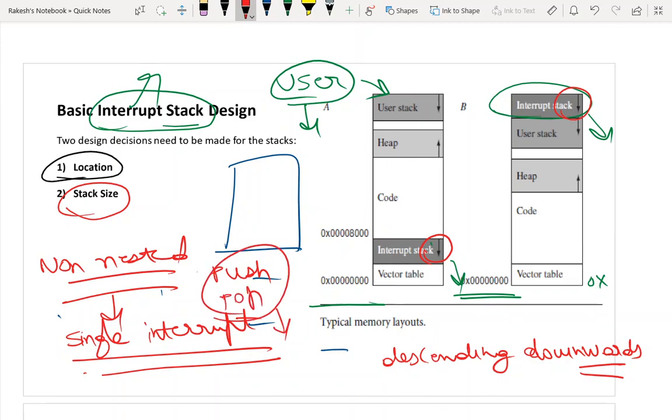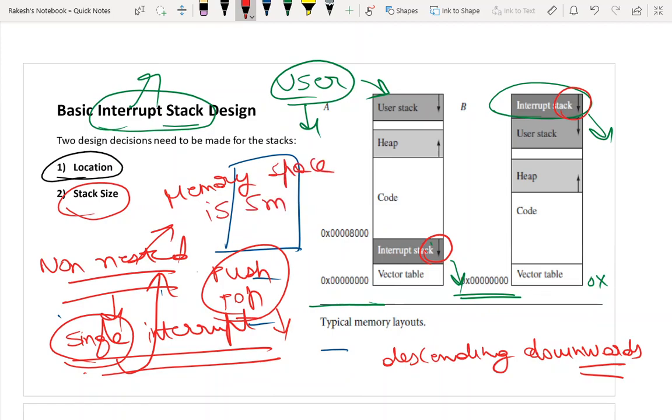Since you pop the register contents from the stack, the stack will be freed again. So for the single interrupt you are handling in the non-nested interrupt handler, you don't require that much memory space. That is why the memory space that you require is small, and definitely less than for the nested interrupt handler.